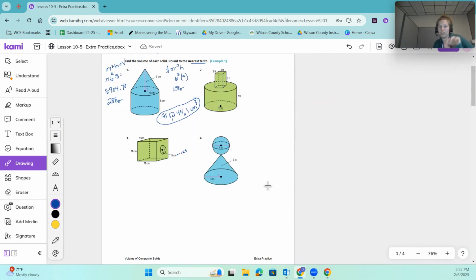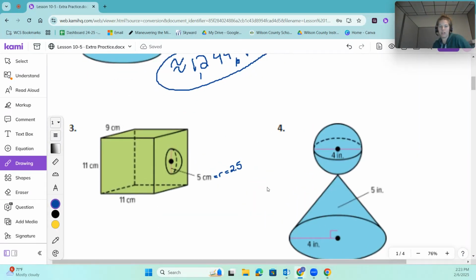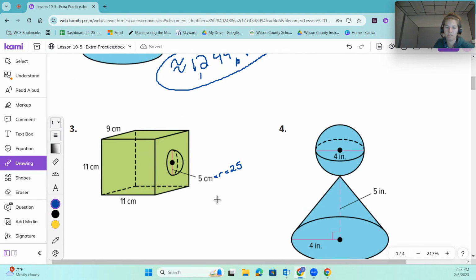So when I calculate that hemisphere, I'm going to calculate it with 2.5 for my radius. My rectangular prism is length times width times height. So I do 11 times 11 times 9, and that is going to be 1,089 for the volume of the rectangular prism.